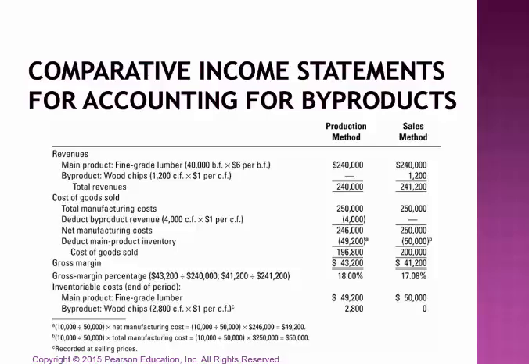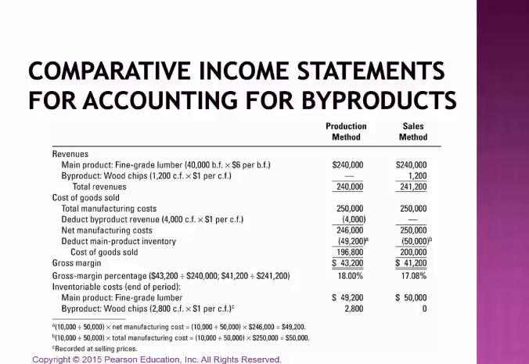Therefore, our revenues for the period under either method is $240,000 for the main product. But notice the difference in how the revenues for the byproduct are recognized. Under the production method, we are not going to recognize the 1,200 cubic feet that were sold at $1 per cubic foot.